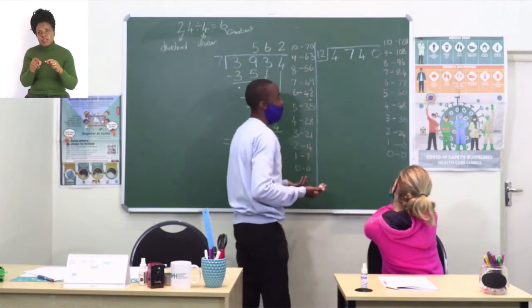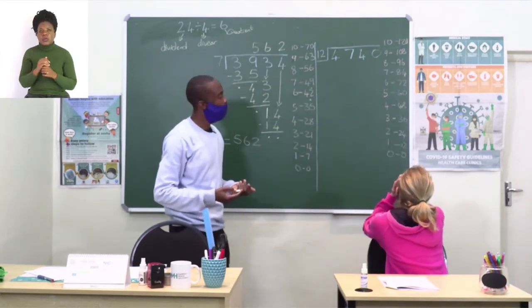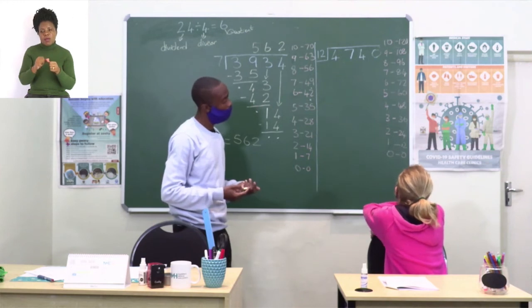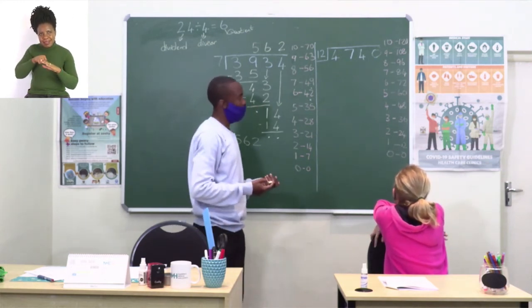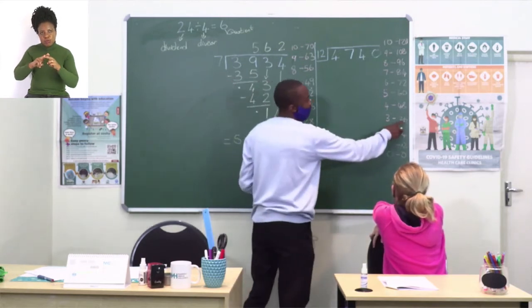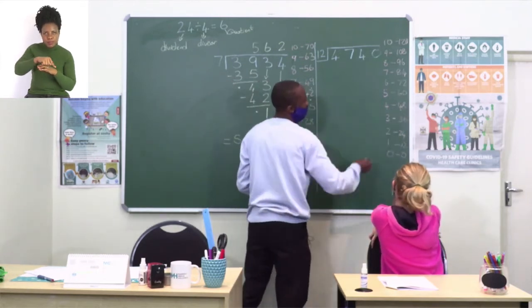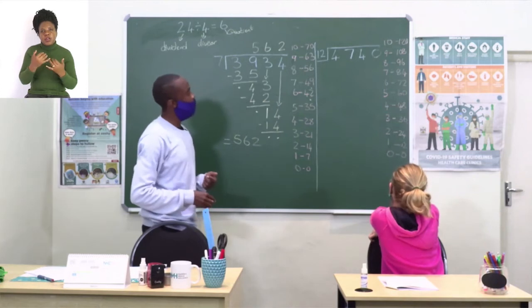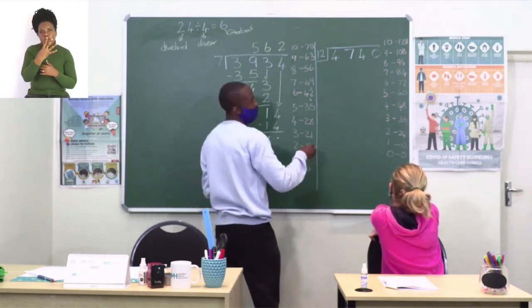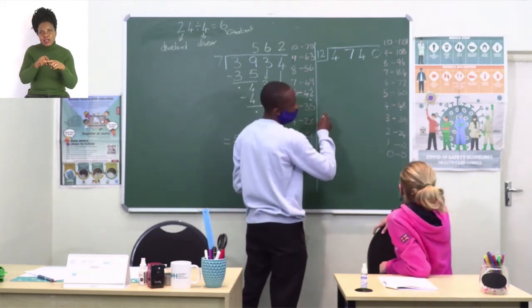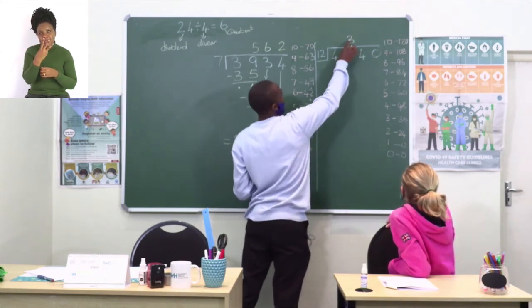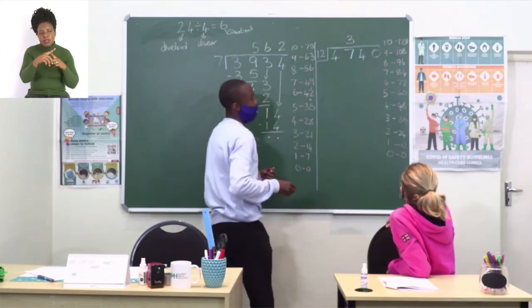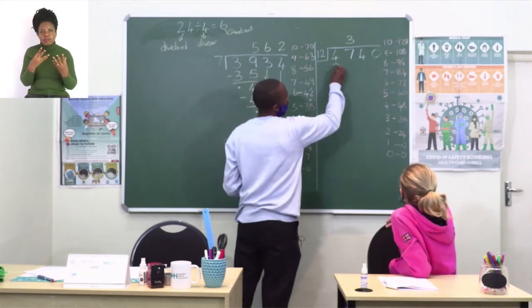Where is 47, Clarice? Between 36 and 48, somewhere here. Am I right? Yes. Okay, so in other words, it will go in how many times? 3 times. It will go in 3 times. So I will then say 3 times 12 will give me 36.